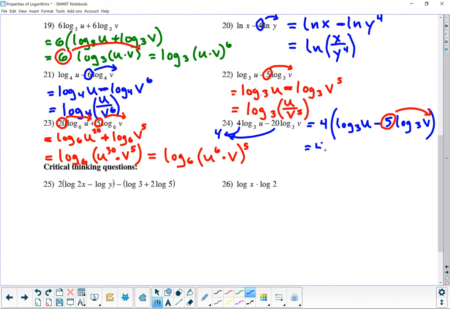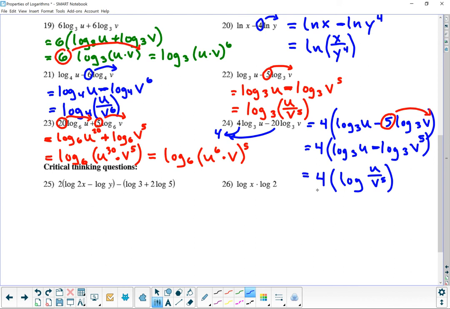So we will have 4 times log base 3 of u minus log base 3 of v, and this time the v gets the 5th power. And then now, notice that this is a subtraction. I can go ahead and rewrite this as 4 times log of u on top, because it's now going to be a quotient, and v to the 5th power on the bottom. Okay.